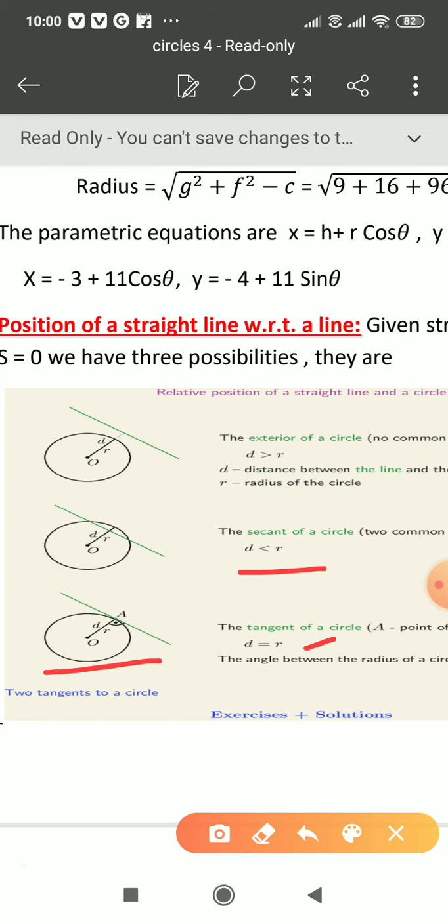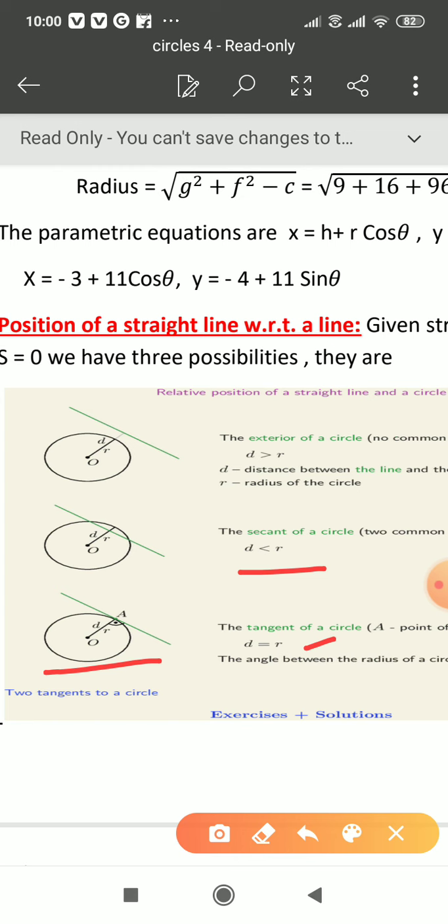Already we discussed the tangent. If there is one and only one common point between the line and curve, that line is said to be a tangent to the curve. Here the curve is a circle, so here also there is one and only one common point between the circle and the line.